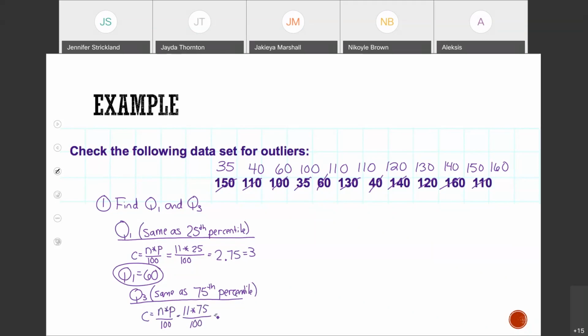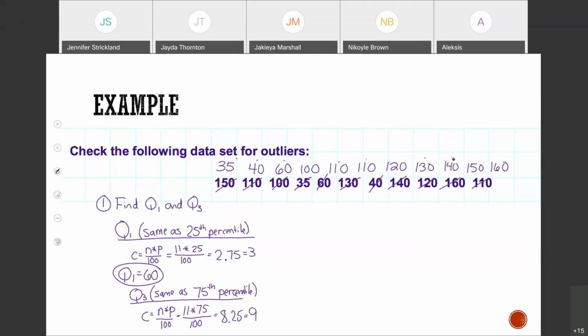So 11 times 75 divided by 100 is going to give me 8.25. Again, decimal, so we round it up. It's going to round to 9. And then we're going to pick the 9th number in the list. So we count through: 1, 2, 3, 4, 5, 6, 7, 8, 9.